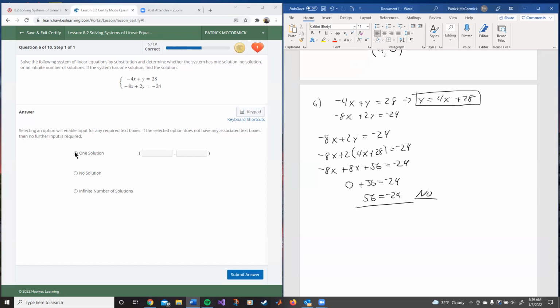So what's that tell us? Well, first of all, did we make a mistake? So definitely check your work. And if your work is correct, what this is telling us is there is no solution, right? Because this is an absurd answer, it's false. Remember that other one, we had 0 equals 0, which was true, which gave us infinitely many. In this case, no solution, because we got an absurd answer.